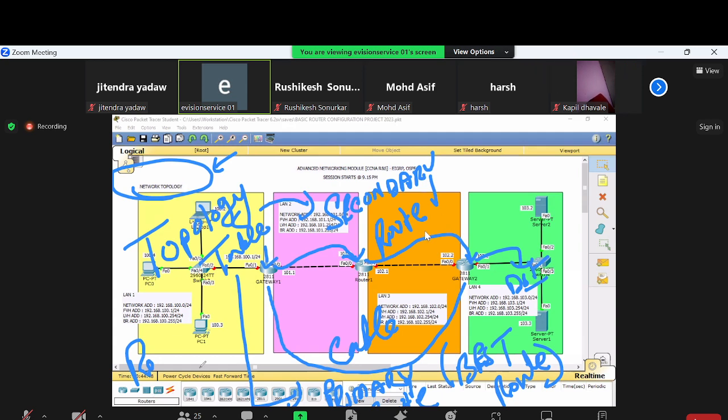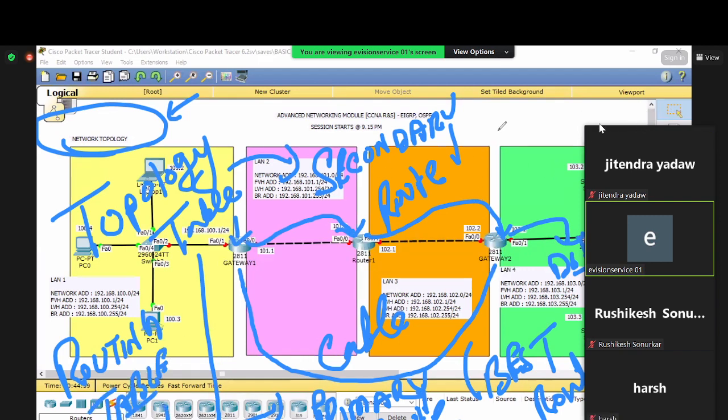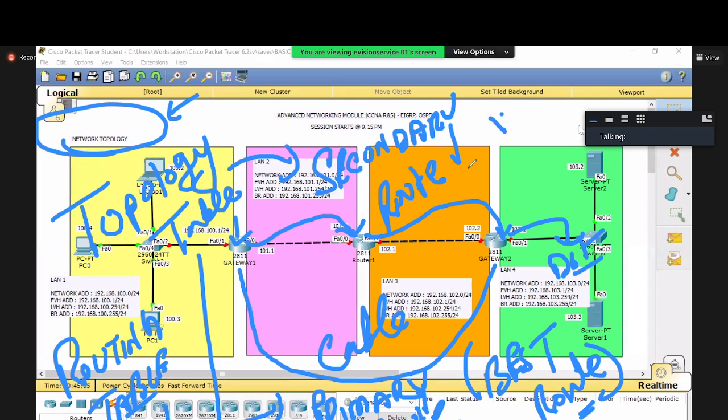Routing table. It only contains the primary route informations, means the best route. Okay, no secondary route. That is basically you have the difference between these two table.